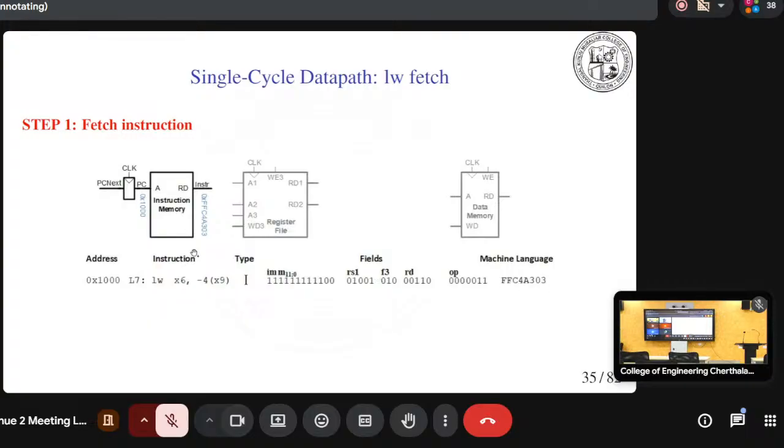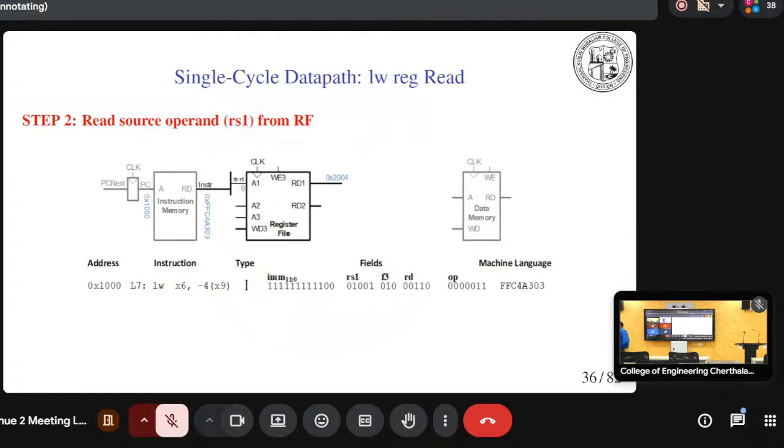Okay, so that particular instruction is fetched. Second thing, the source register.